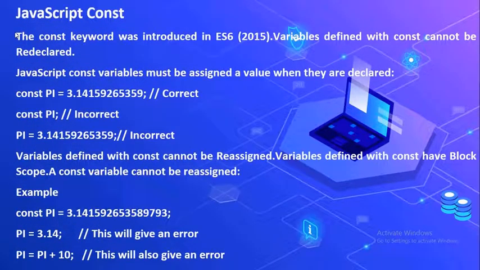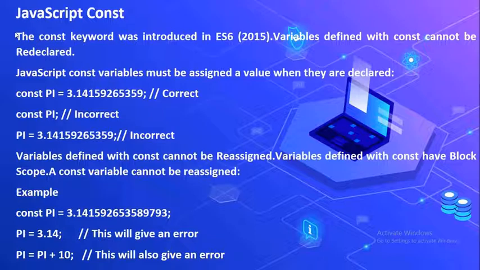JavaScript const. The const keyword was introduced in ES6, that is 2015. Variables defined with const cannot be redeclared. JavaScript const variables must be assigned a value when they are declared. const pi = 3.1415; this is the correct way of declaration, and const pi; is not a correct declaration.